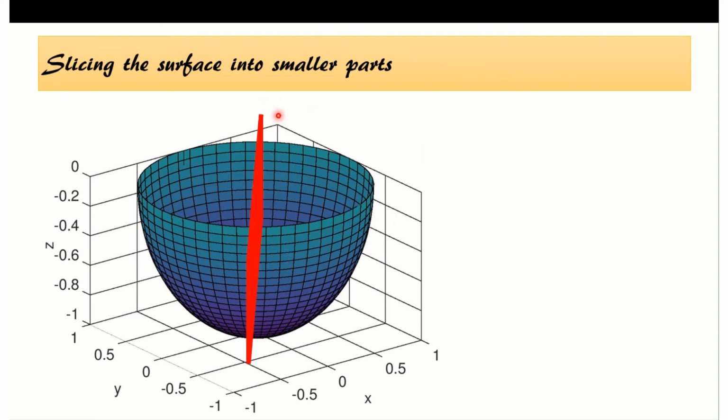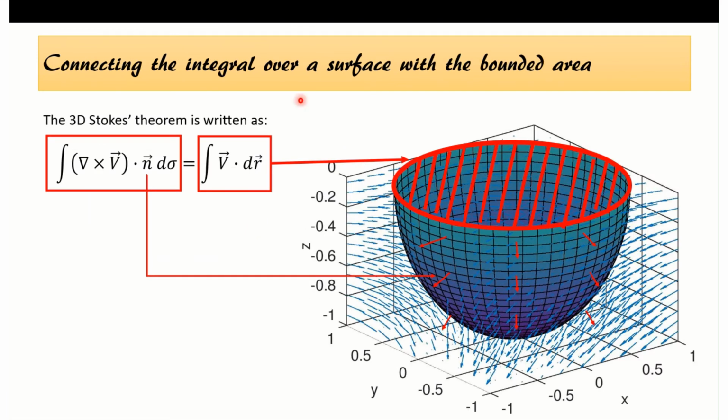So you cut it into half. And then now when you want to evaluate the integral over the area, right? Because on the left hand side basically it is an integral with respect to the area. So here you have a d sigma.